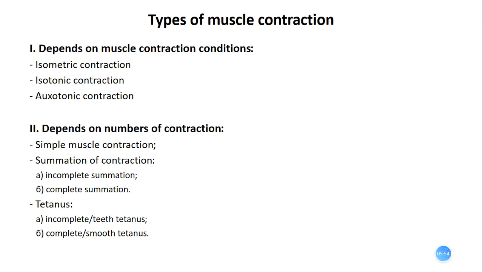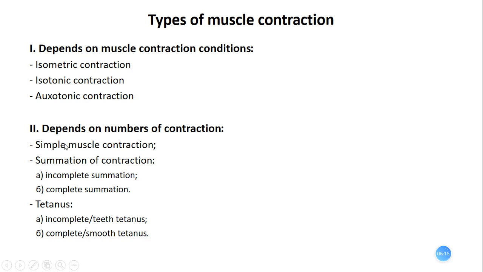So iso means same, metric, the length stays the same. Here the tension stays the same. And auxotonic is a combination of these two contractions. In auxotonic contractions, both the length and the tension are changed.